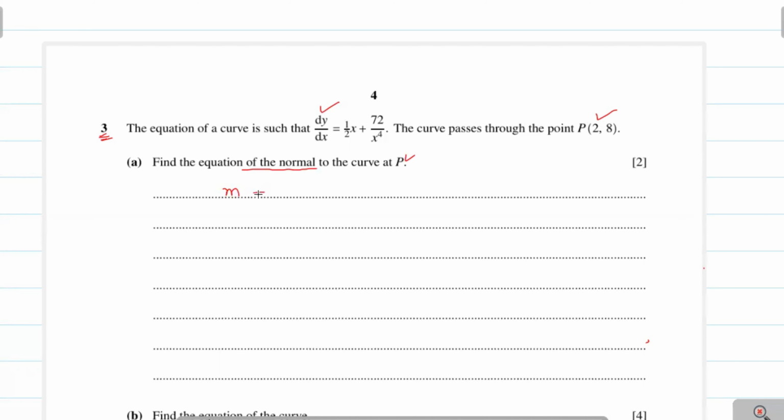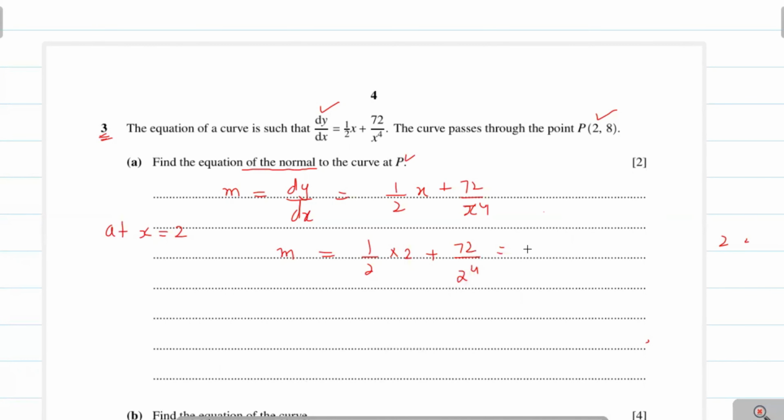We write m equal to dy over dx and this value is equal to 1 over 2x plus 72 over x power 4. Now the gradient of this tangent at point x equal to 2 will be equal to m will be equal to 1 over 2 into 2 plus 72 over 2 power 4.